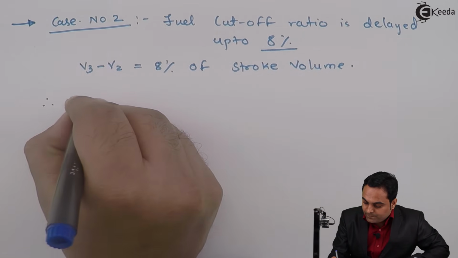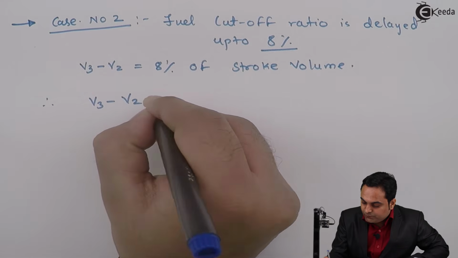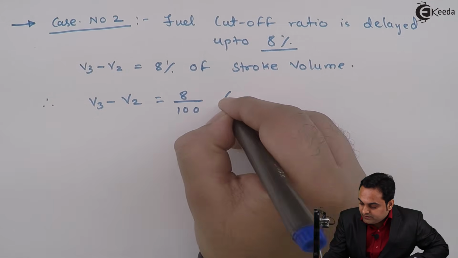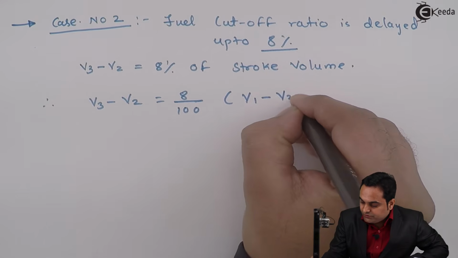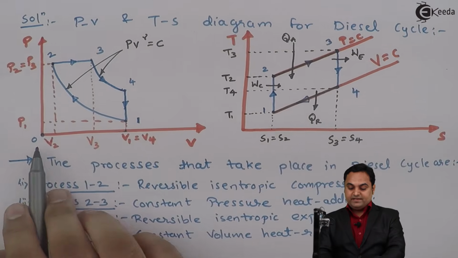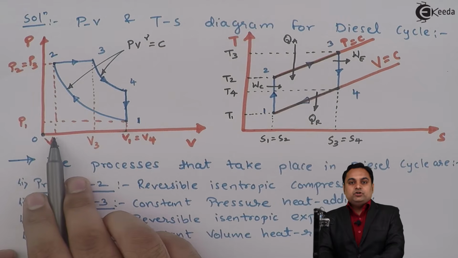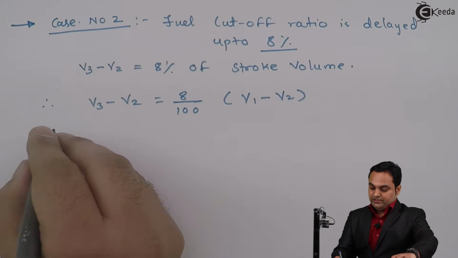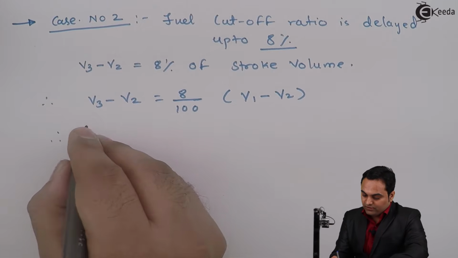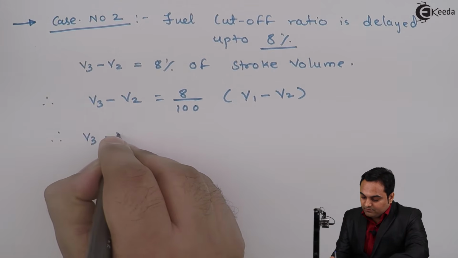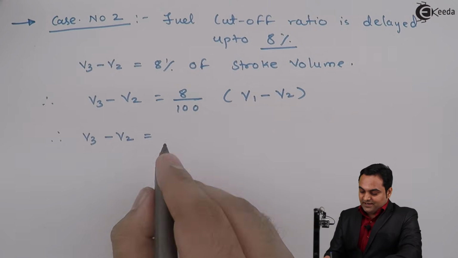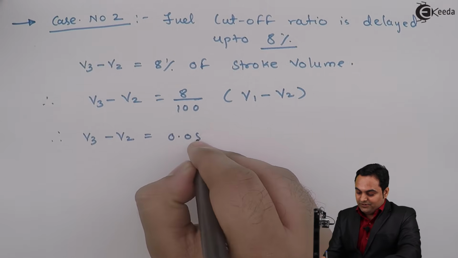So therefore V3 minus V2 is equal to 8%, that is 8 by 100, and stroke volume is V1 minus V2. As we can see it from the PV diagram, V1 minus V2 is stroke volume. So therefore we have V3 minus V2 is equal to, now 8 by 100, that will be 0.08.